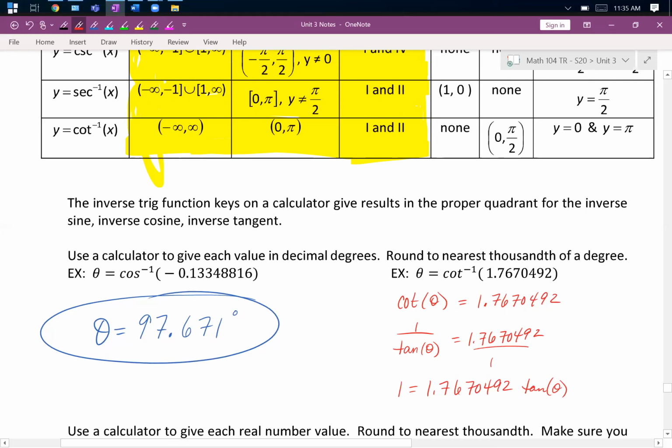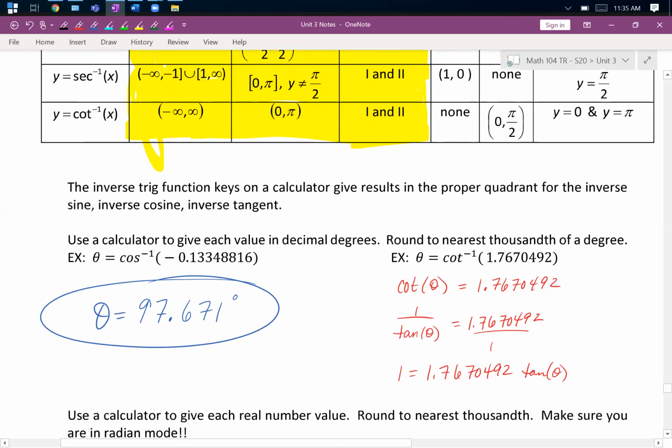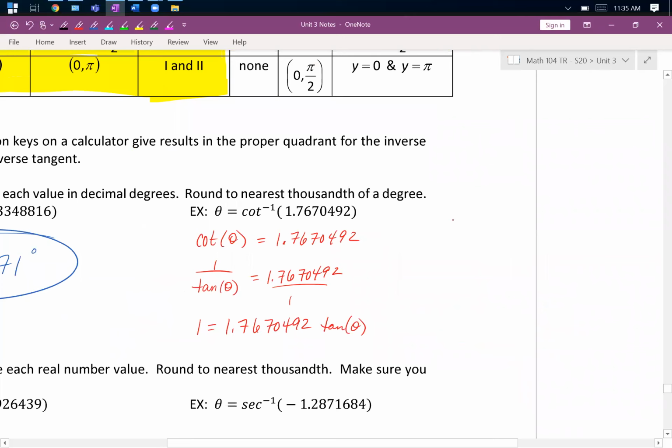Trying to isolate tangent, I'm now going to divide by that decimal, and we'll get tangent is equal to 1 over 1.7670492. Therefore, theta would then be tan inverse of this right here.